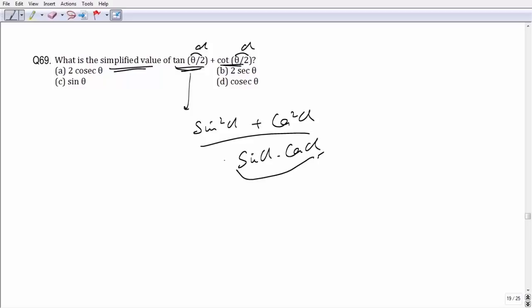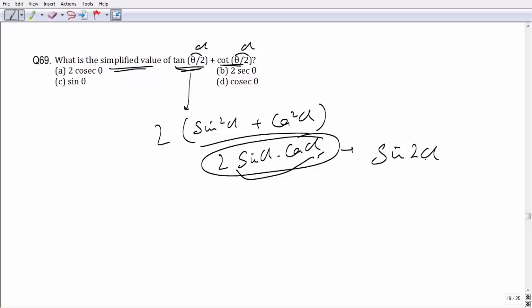Now if we multiply the denominator with 2, to maintain the ratio we have to multiply the numerator also with 2. So this part of the equation will give me the value sine 2 alpha, or we can say sine theta, and this part will give me the value 2. That means the answer turns out to be 2 cosec theta, which leaves behind option number A as your answer.